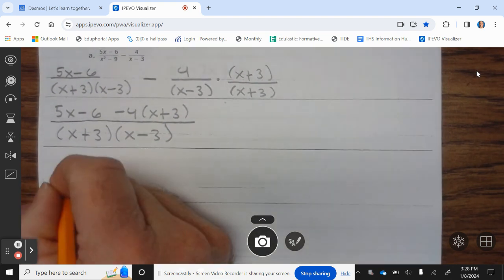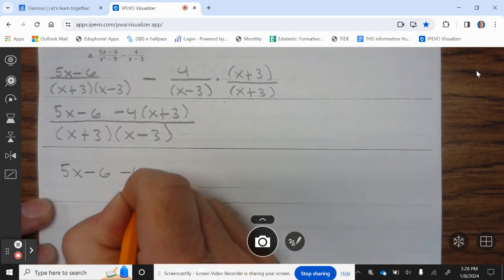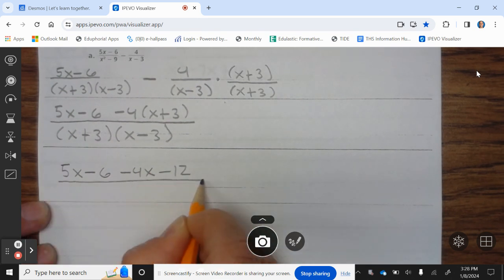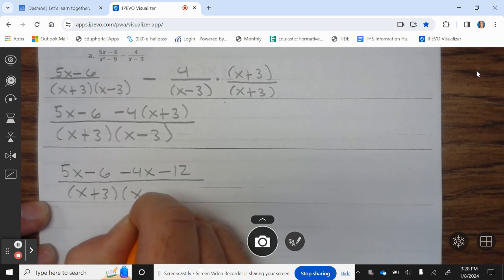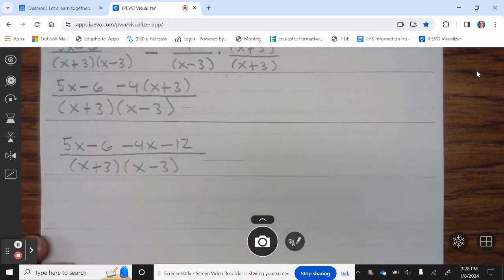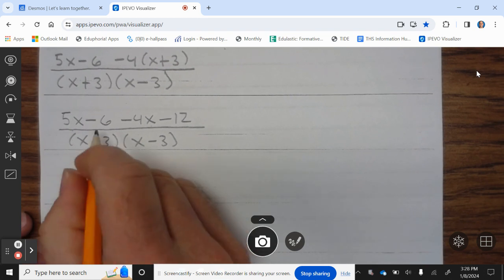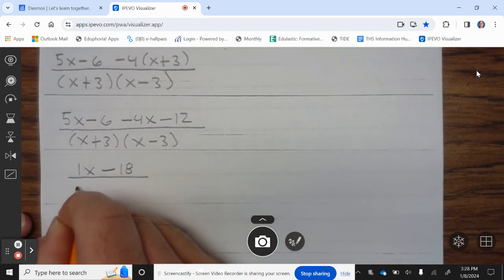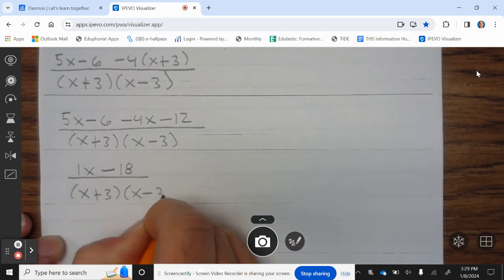Okay, so then that's 5x minus 6 minus 4x minus 12 divided by x plus 3, x minus 3. And then 5x minus 4x is 1x. Negative 6 and negative 12 is minus 18 divided by x plus 3, x minus 3.